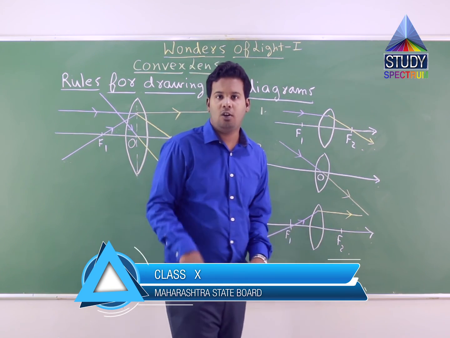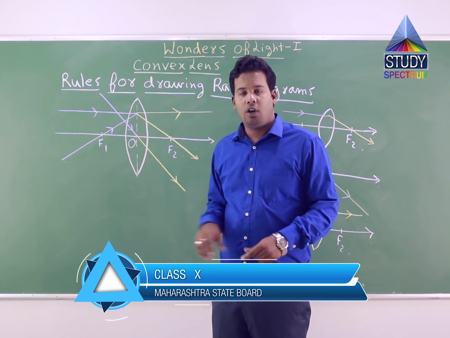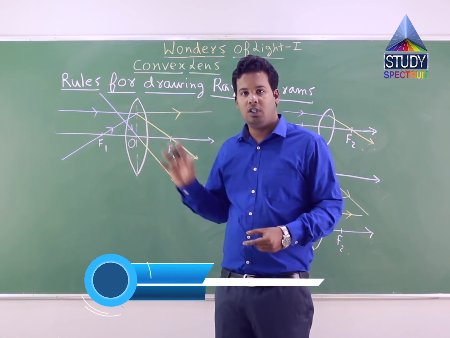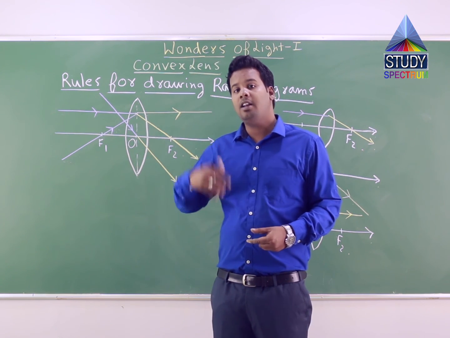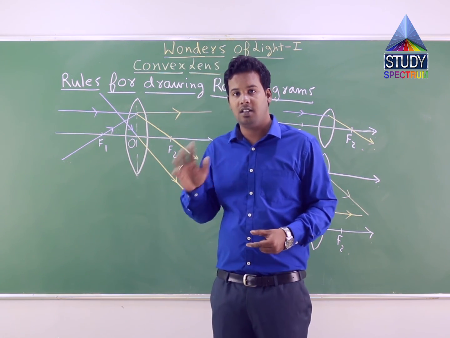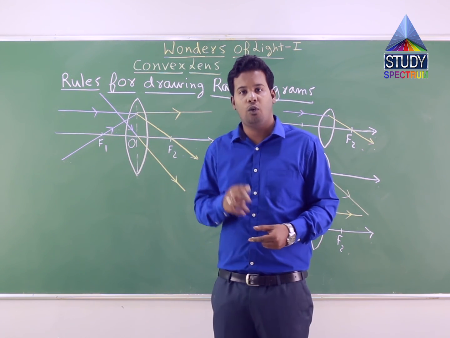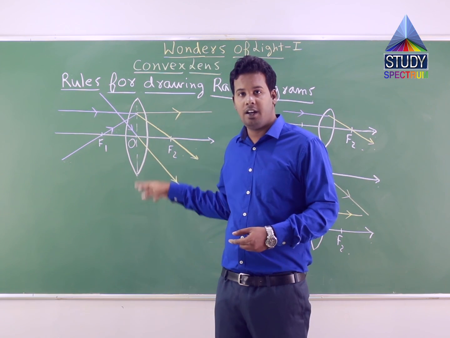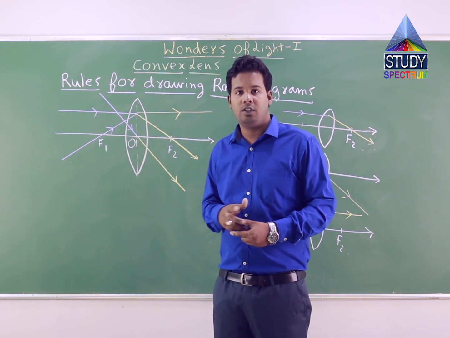Now on the basis of these 3 rules, we will draw ray diagrams for 6 different cases of position of object placed in front of convex lens, and again recall the 4 results and see whether these ray diagrams are actually justifying those 4 results or not, which we have done for theoretical question assuming r is equal to 10 and f is equal to 5.